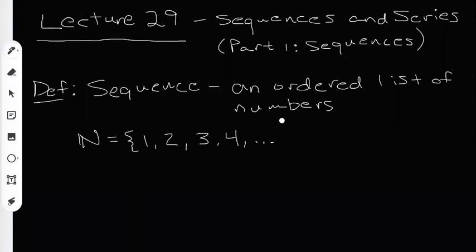We're going to be looking at sequences like these today. The natural numbers are a number set, but also an ordered list of numbers. And it has some pattern to it in that you have to add 1 each time. So to get from one number to the next, you're adding 1 every single time. Okay, so that's a sequence.